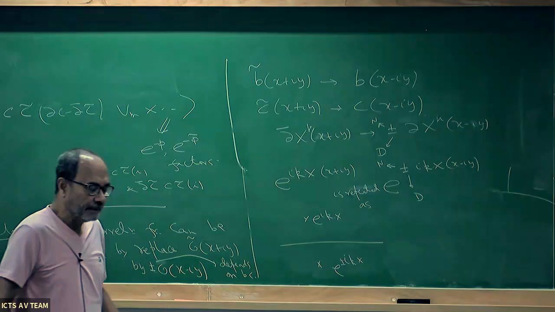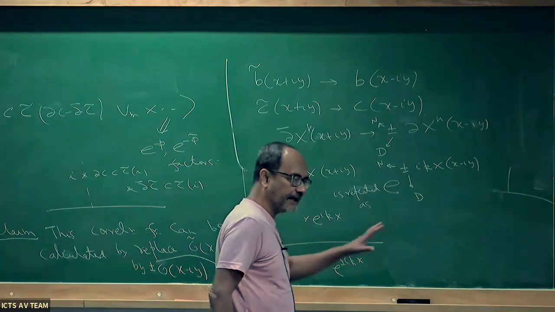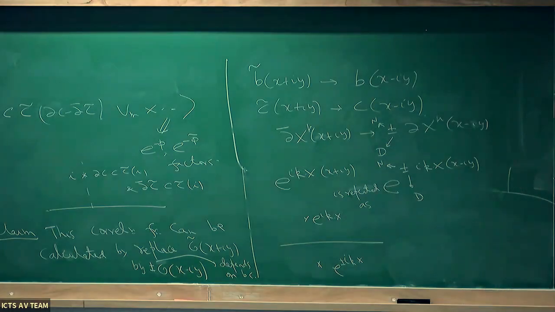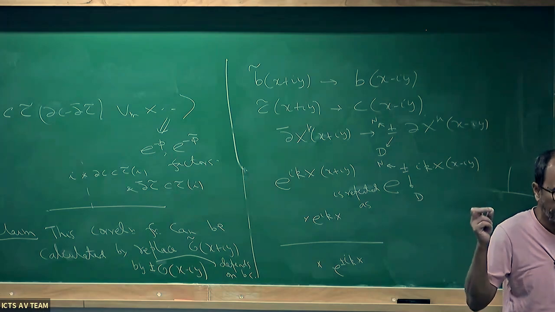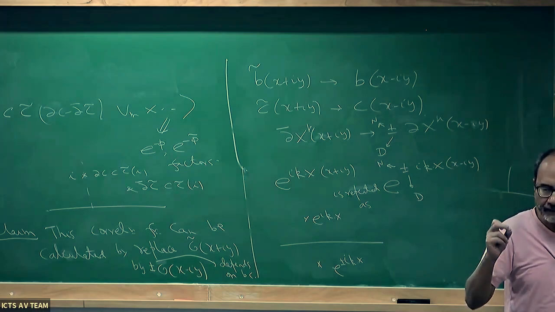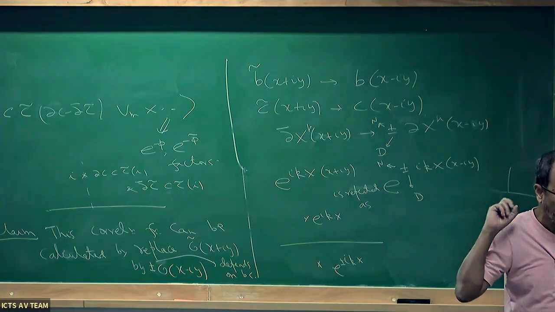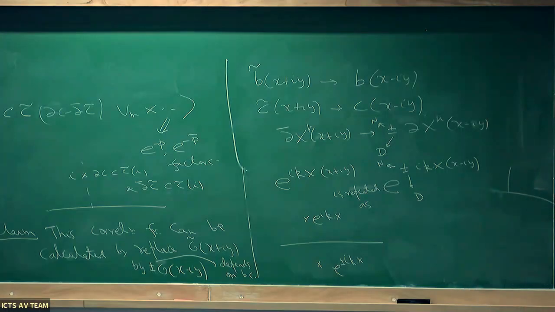Okay. And basically one can show that this produces the correct answer for the disk amplitude or the upper half plane amplitude. And the way you show it is by showing that all the OPEs are preserved. You see, suppose you have an anti-holomorphic operator somewhere on the upper half plane. The holomorphic operators are not going to have any OPE with that anyway. So if you remove it, all the OPEs are preserved.